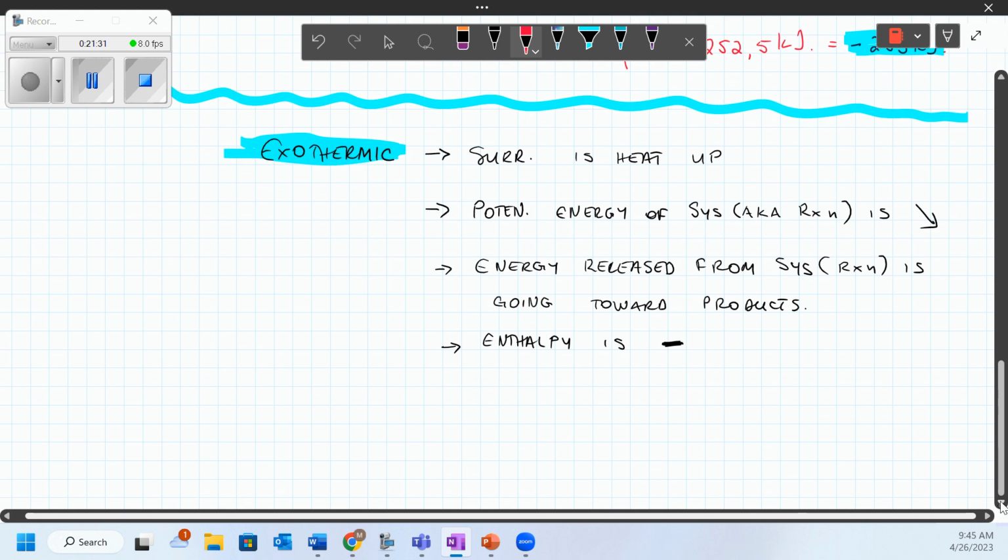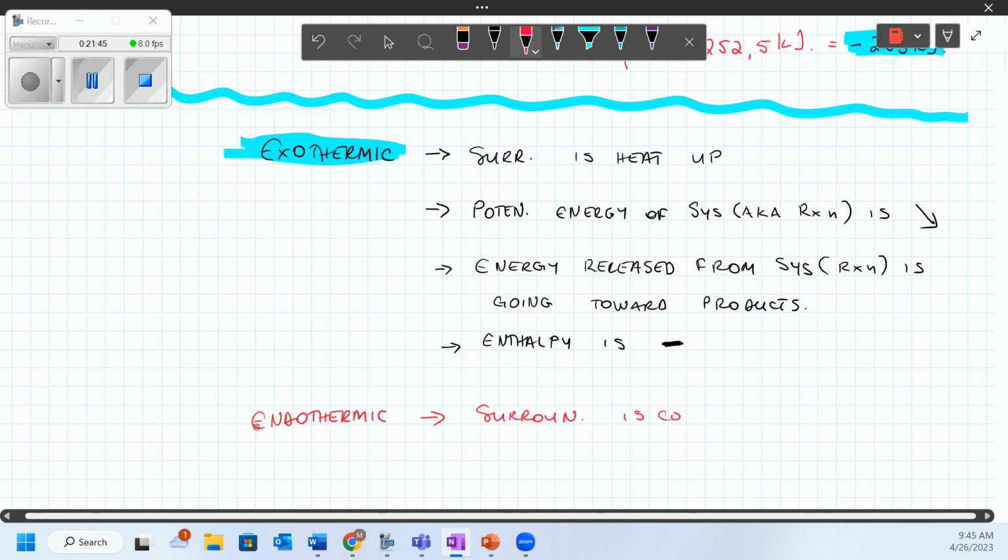So when we have an endothermic reaction, then the surrounding is cooled down, meaning that some heat, some energy is absorbed from the surrounding by the system, the reaction.